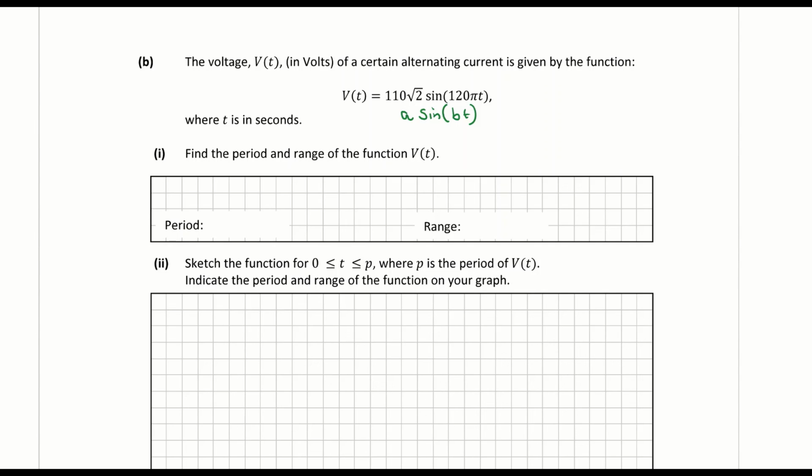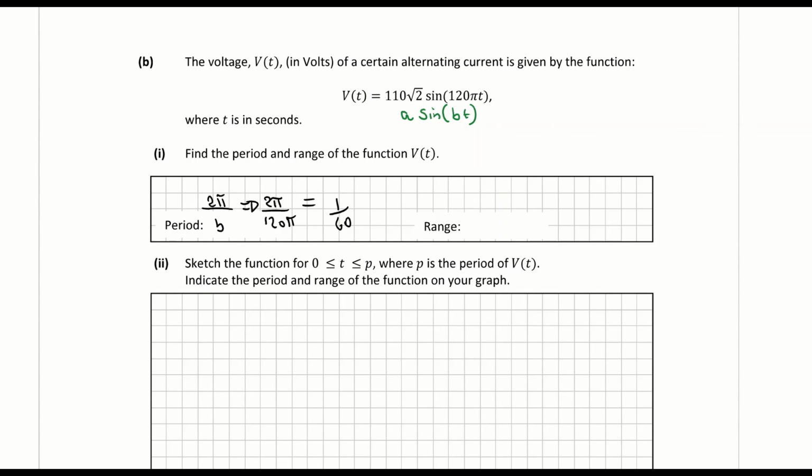To get my period, I divide a full rotation, 2 pi, by my B, which is 120 pi. So 2 pi divided by 120 pi gives me 1 over 60. That's my period for this question.